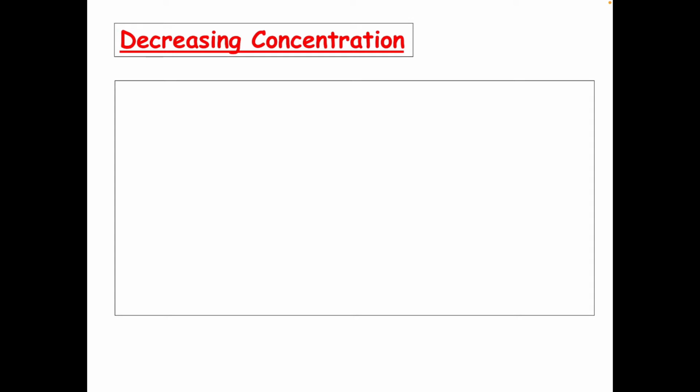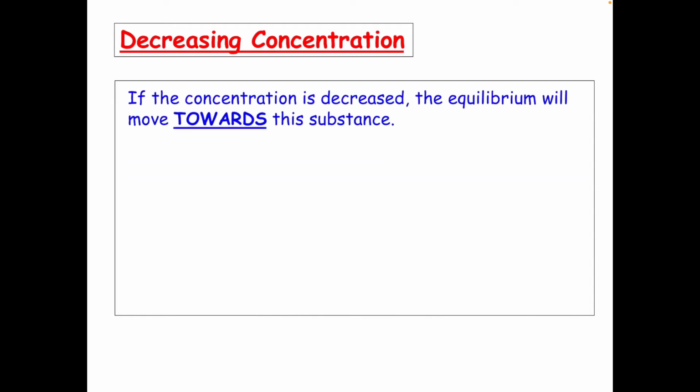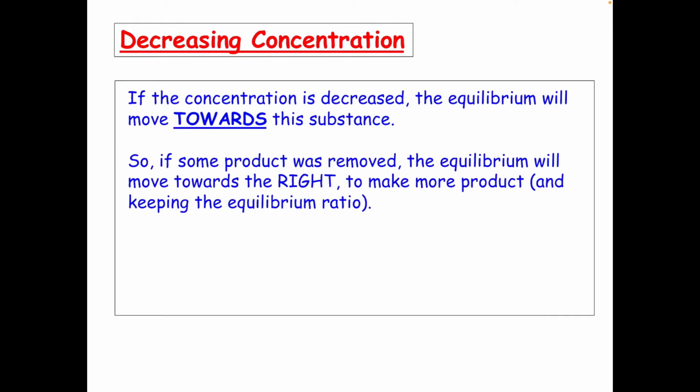Now let's have a look at what happens when you decrease the concentration, and as you can imagine, it's going to be the opposite. If the concentration is decreased, then the equilibrium will move towards the substance that you've taken away, to replace it. So I'll give you that equation again: reactants, products.